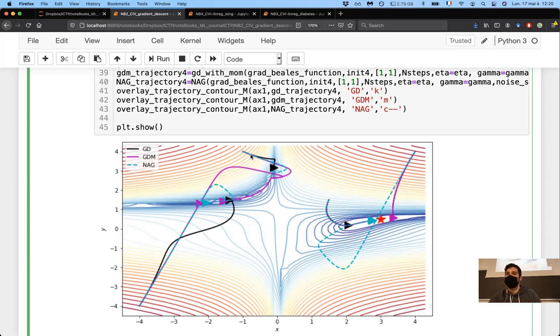You understand the difference? And indeed, here we see that, for example, this NAG is accelerating here, and you see that it climbs up the wall due to momentum, which a priori is bad in this case. You would like to reach directly the minimum, but that's life. And then you follow again the gradient and you converge. While gradient descent here is directly converging to the minimum.